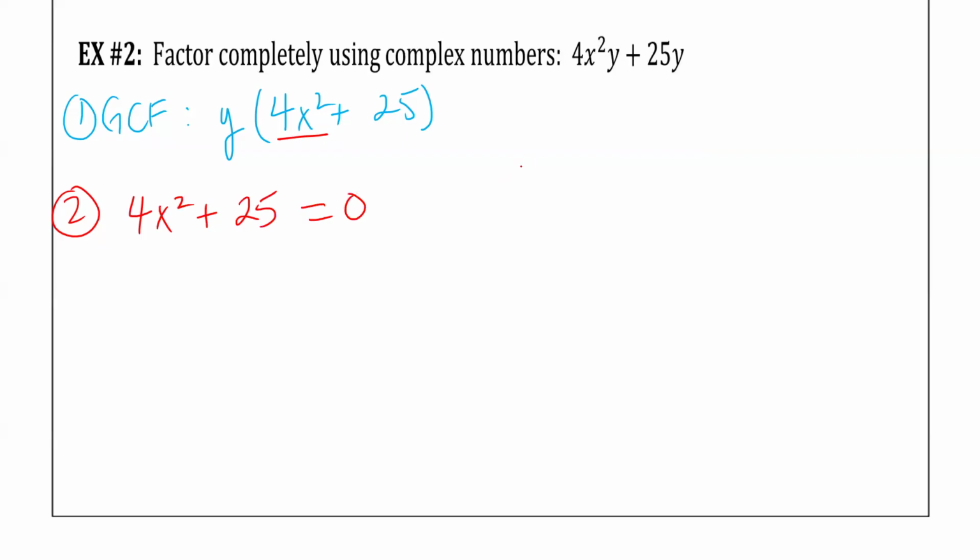And why am I doing that instead of the quadratic formula? It's only one term with a variable. Quadratic has 2 terms with a variable, right? With 2 unlike variables. All right, so now my job is get X by itself. How do I get X by itself? Subtract the 25. She did.